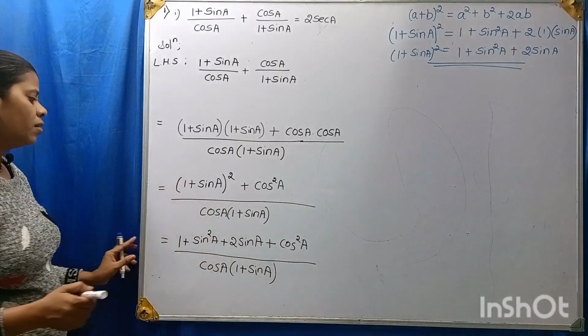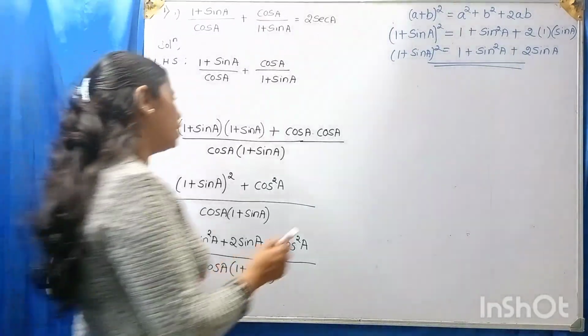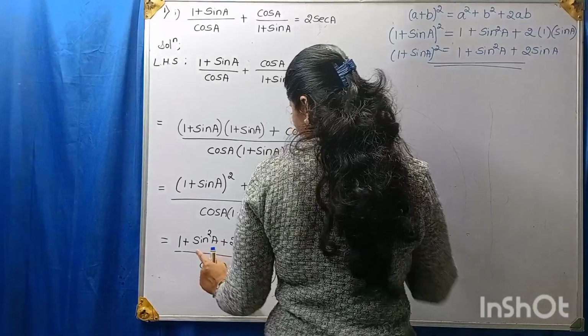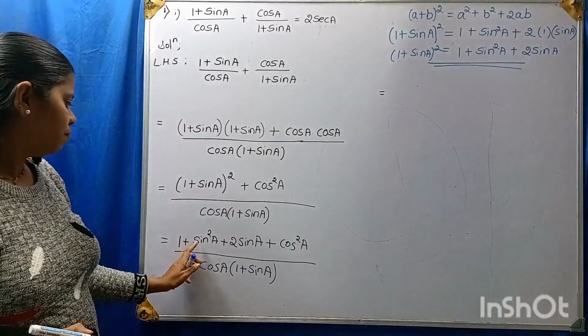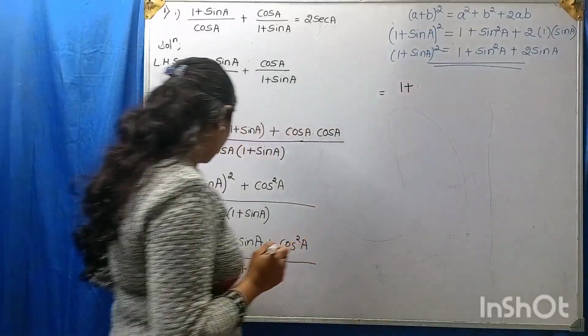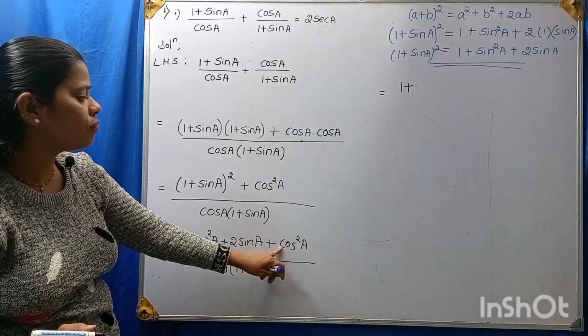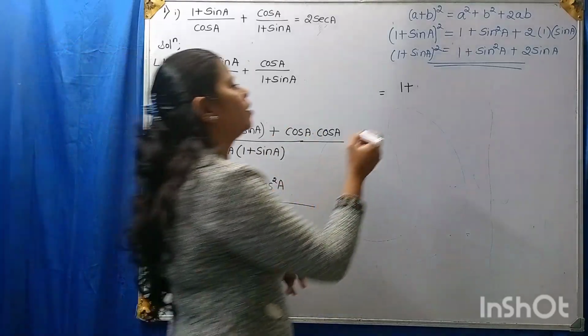Okay. Now look at this. 1 plus sin square A plus cos square A, these I will write together.